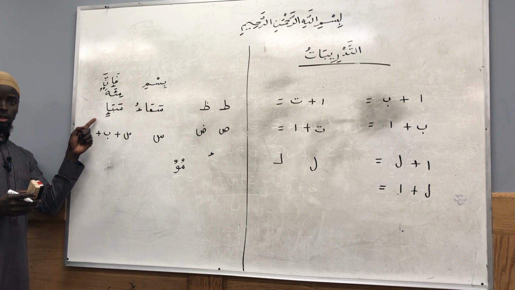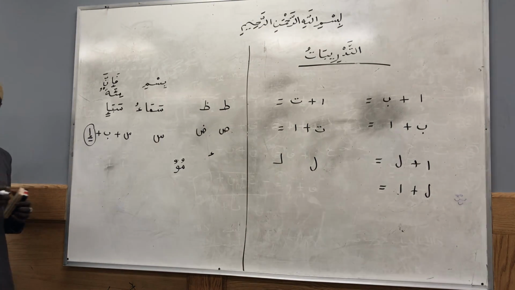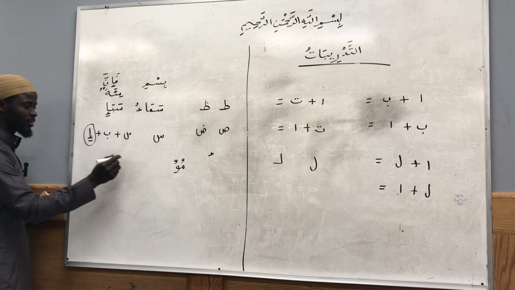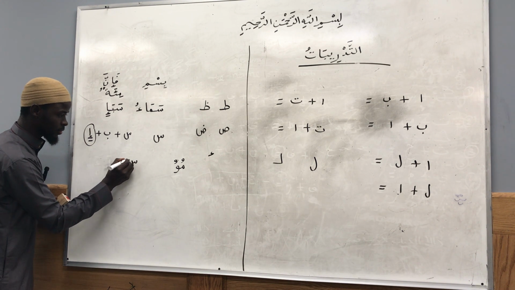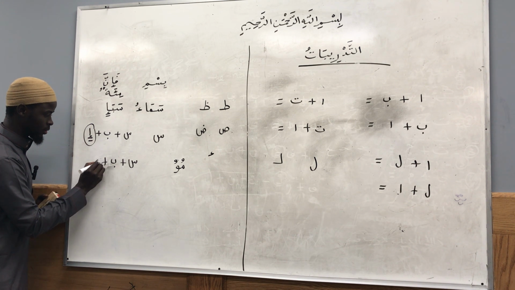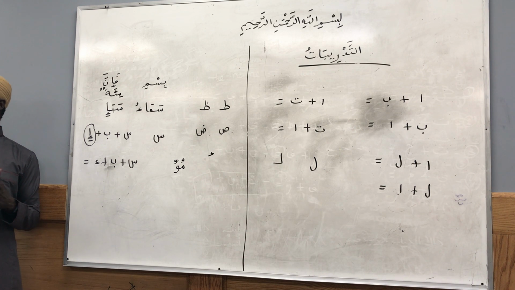So if I ask you, is it Hamza or Alif? That is Alif. It's not going to be Hamza. But when the Hamza is alone, sin plus ba plus Hamza, how am I going to connect this together?